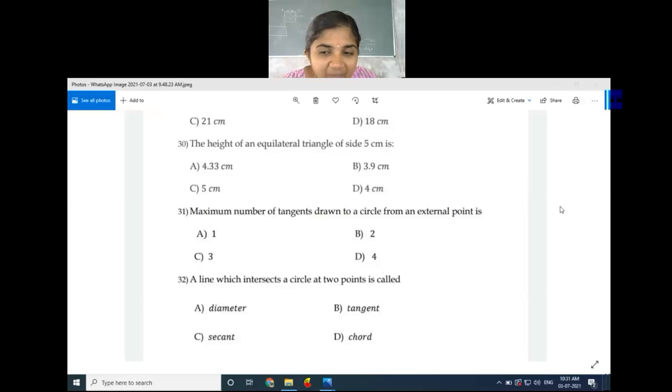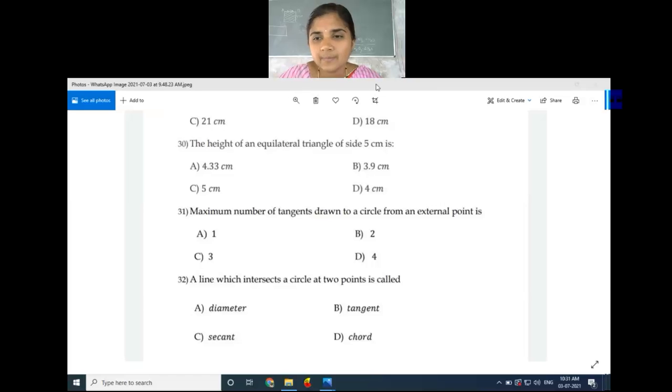Yes, Mataji. Shantika, what answer you got for this question? 4.33. How you got it, Shantika? Hypotenuse is 5 centimeter, and base I took 2.5 centimeter. 2.5, 2.5 you took. You took the median concept in the equilateral triangle.